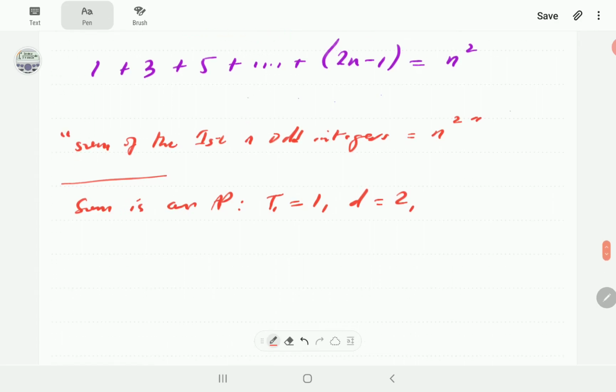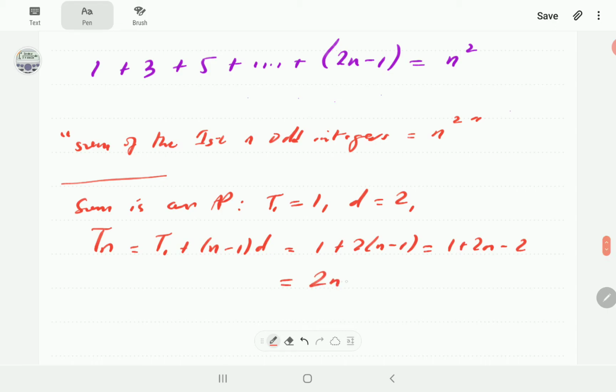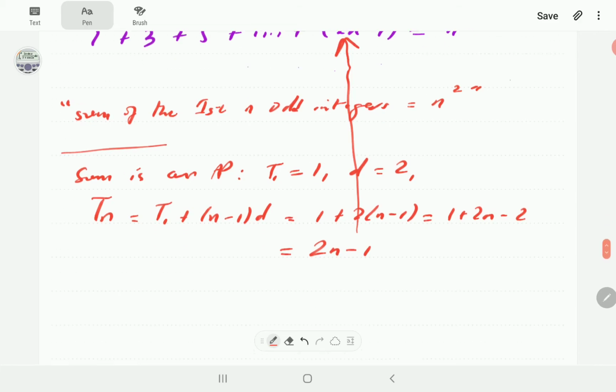So Tn, which is T1 plus n minus 1 d, is 1 plus 2 into n minus 1, 1 plus 2n minus 2. So this is going to be 2n minus 1, which is exactly what we have here. So that term there is just our Tn.